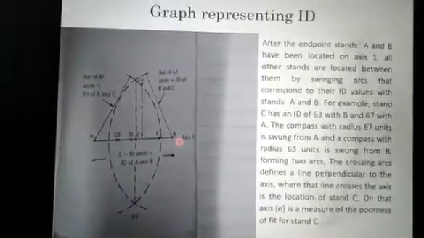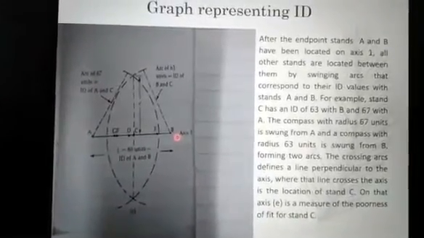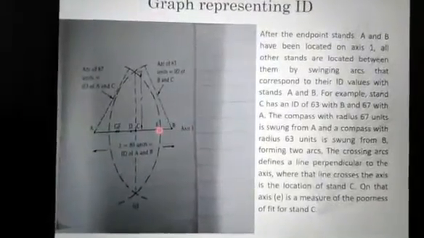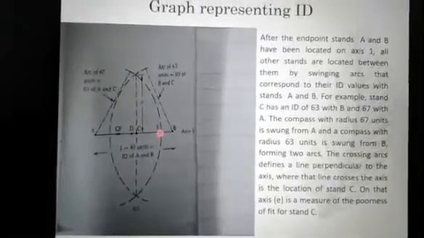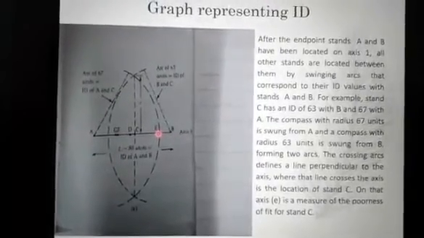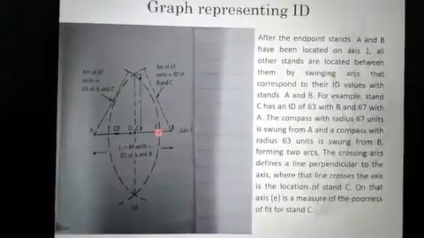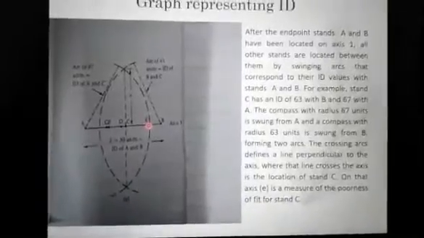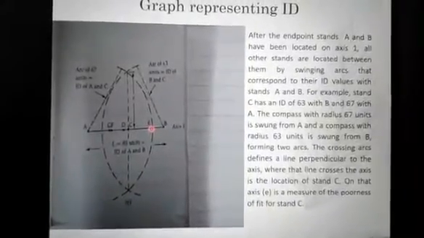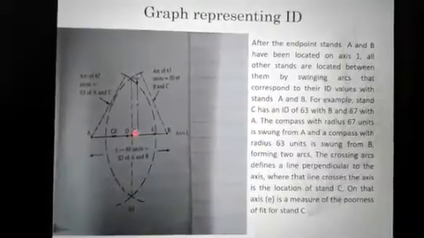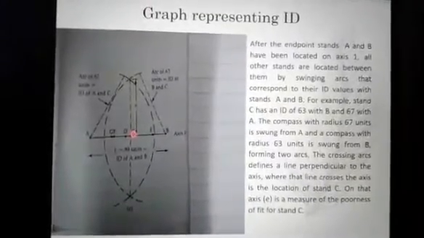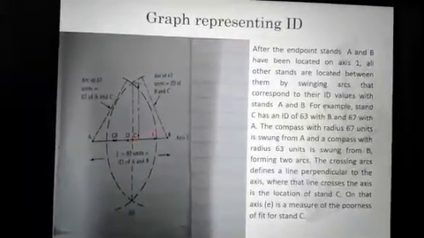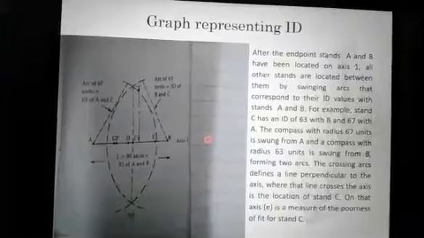After the endpoints A and B have been located on the axis, all other stands are located between them by swinging the arcs that correspond to the ID values with stands A and B. For example, stand C has the ID of 63 with stand B and 67 with A.